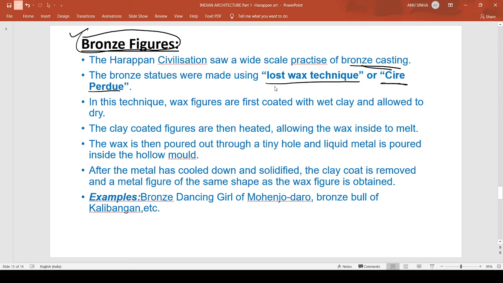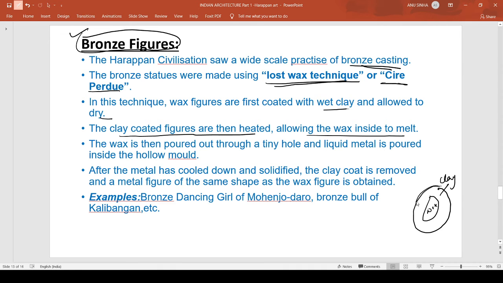So what is this lost wax technique? In this technique, wax figures were coated with wet clay and allowed to dry. So suppose I have drawn a figure with wax. First I draw it with wax, and then I make a layer of wet clay around it, and I let it dry. The clay-coated figure is then heated to allow the wax inside to melt.